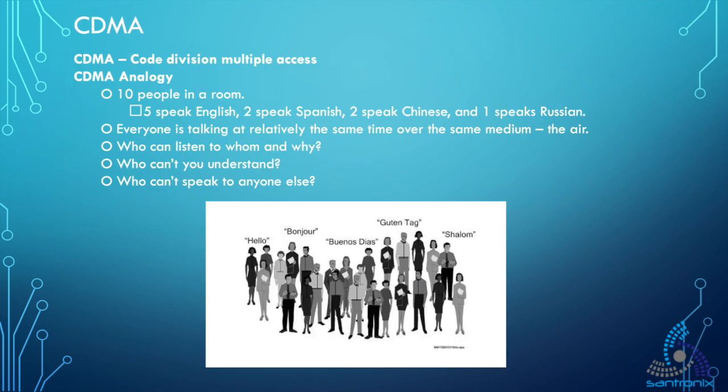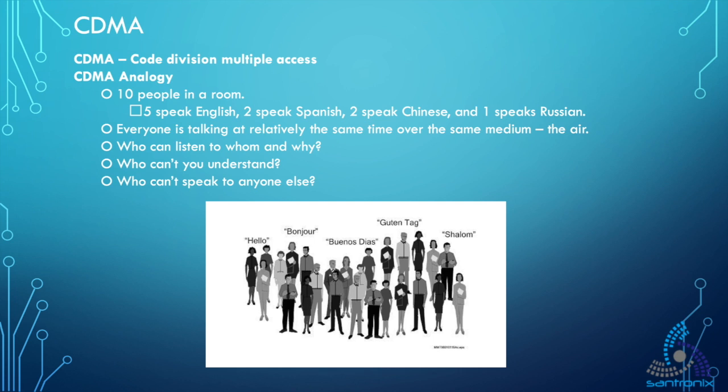With the introduction of CDMA, which stands for Code Division Multiple Access, here is how it works. Consider that there are 10 people in a room, right? Five speak English, two speak Spanish, two speak Chinese, and one speaks Russian. Now if everyone is talking at the same time over the same medium, which is air, can you tell me who can listen to whom, and who can't understand anyone?